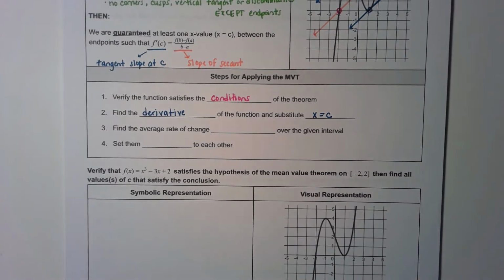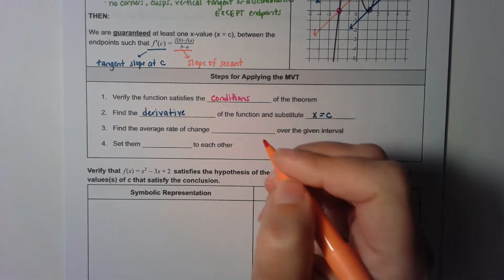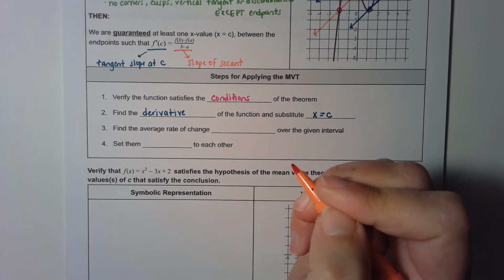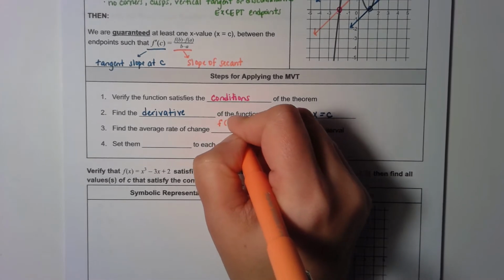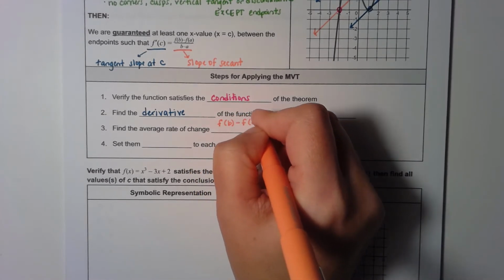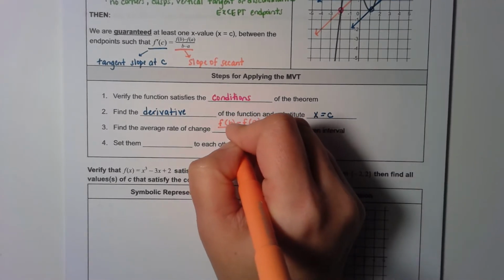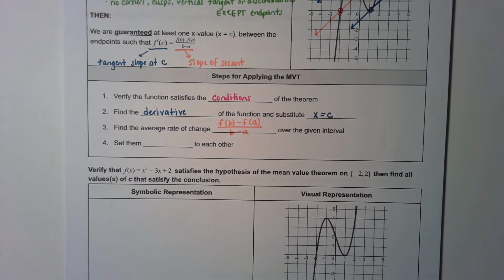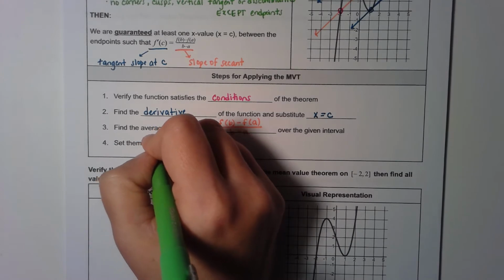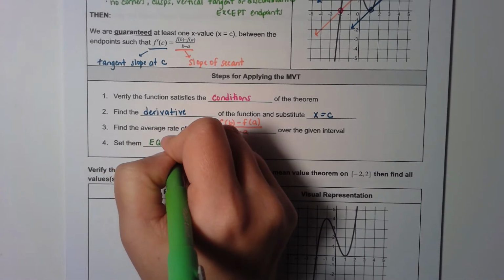So you want to find a c value, so make it a c instead of an x. Then find the average rate of change, or in other words, f(b) minus f(a) all over b minus a over the given interval. And lastly, set them equal to each other and actually solve the equation.